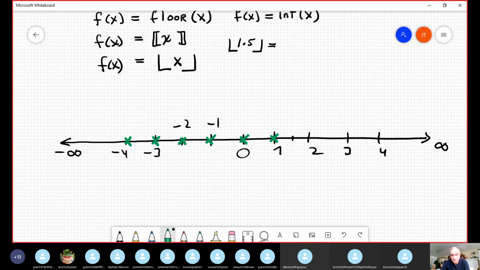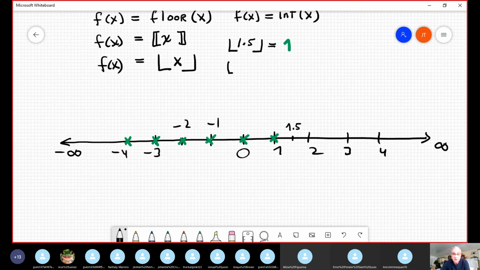Which is the greatest? The greatest is obviously 1, because 1.5 is not an integer. 1.5 is a real number, located here.